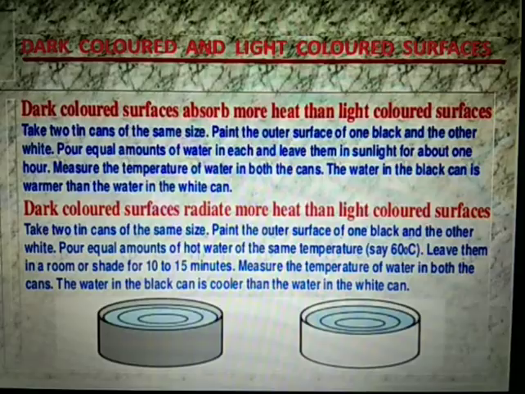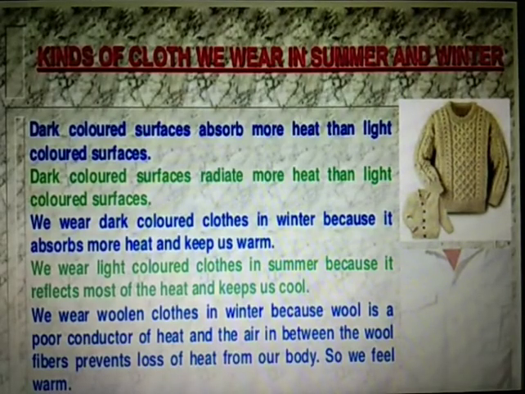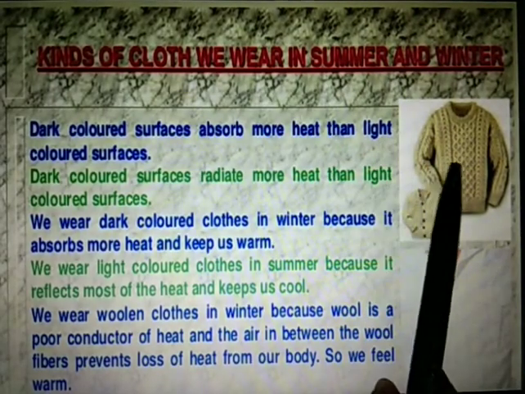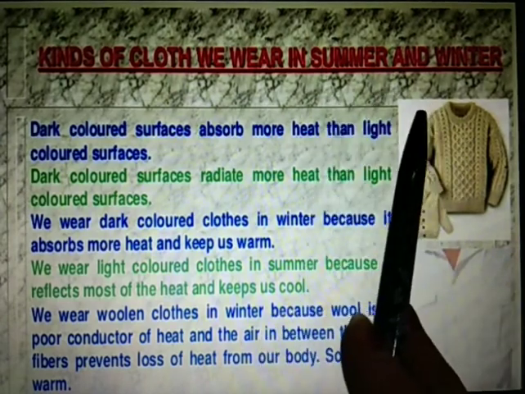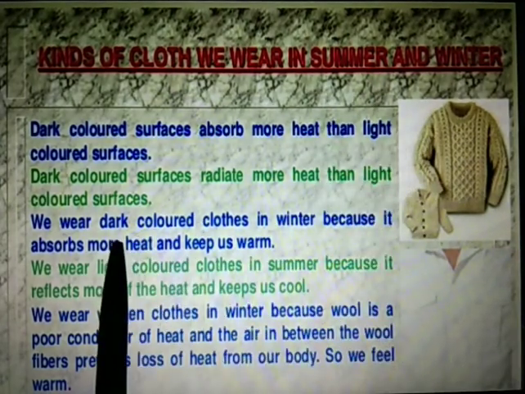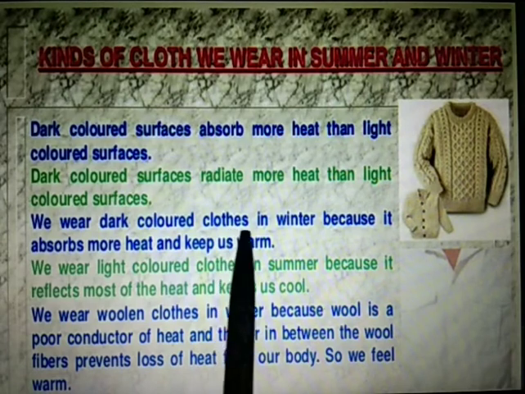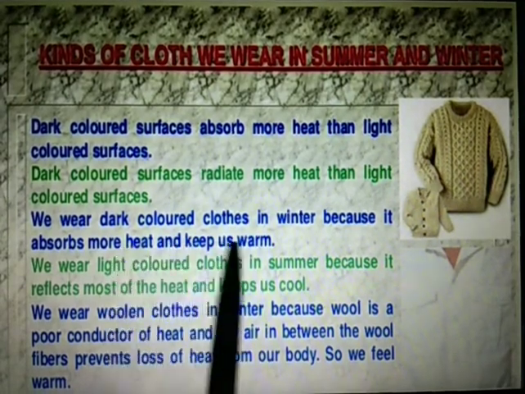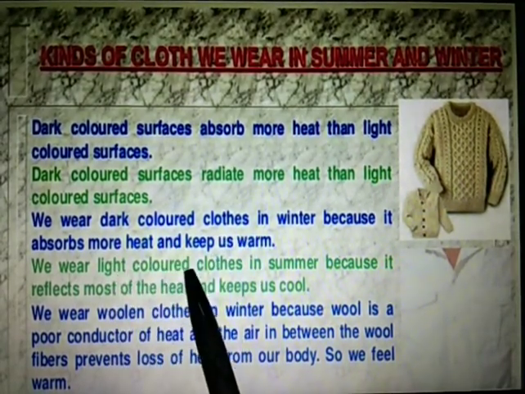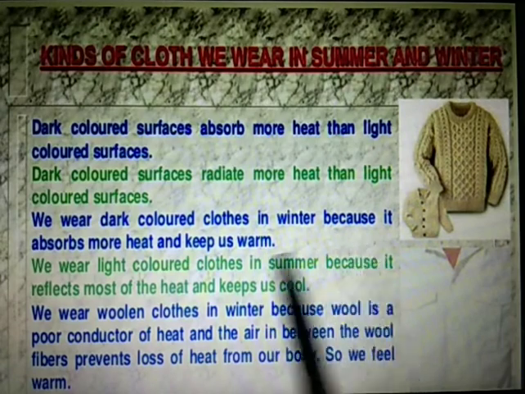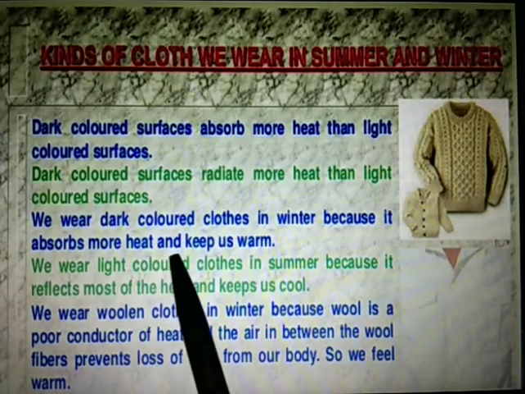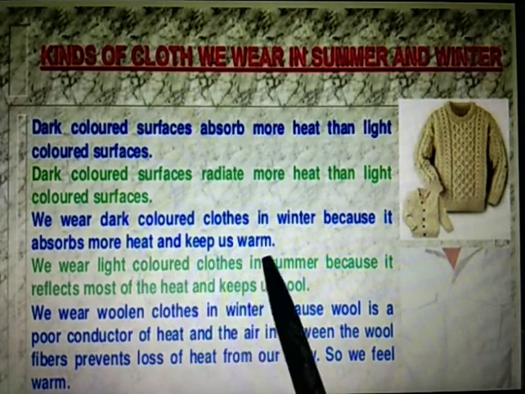Clear? Now the topic is the kinds of cloth we wear in different seasons, like in summer and in winter. We wear dark colored clothes in winter. Why do we wear dark colored clothes? Because they absorb more heat and keep us warm.